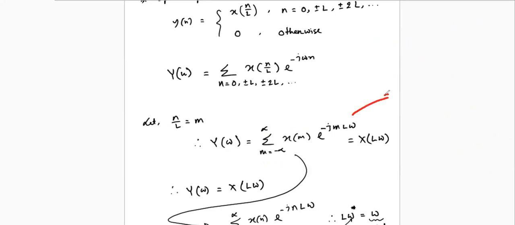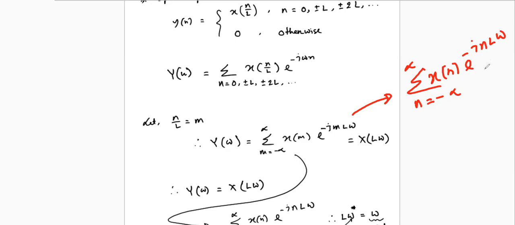You can write this equation as the sum over n from minus infinity to plus infinity of x[n] e to the power minus j n L omega.